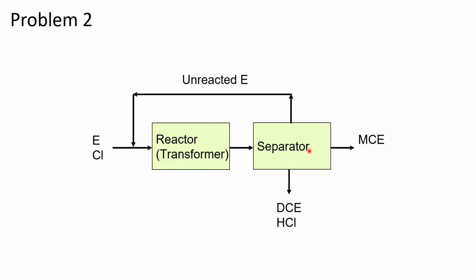Then we send it to a separator in which we remove our desired product, the monochloroethane, from undesired products or byproducts, such as the dichloro and HCl, and allows us then to remove the unreacted reactants, in this case the ethane, and recycle it back to mix in with the fresh feed to the reactor. Now this particular problem, to solve it completely, we would want to look at the combination of the reactor and separator together, and do mass balances around it. For the problem in class, though, we'll only be focusing on the reactor part of it, just like we did here in this lecture.